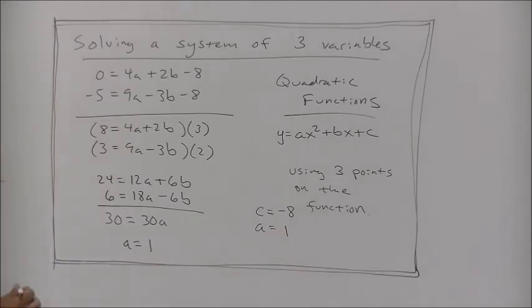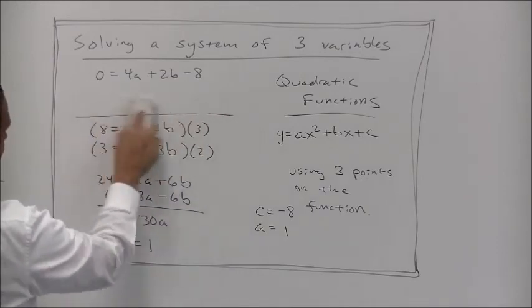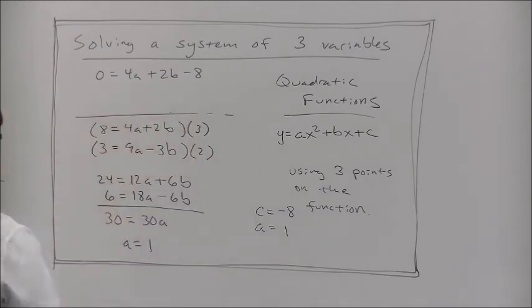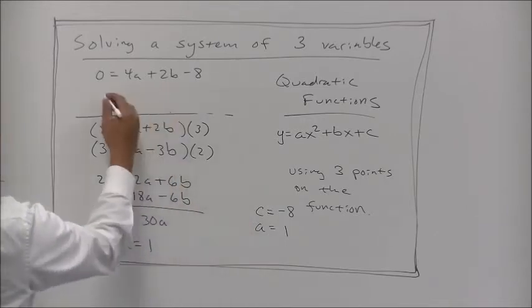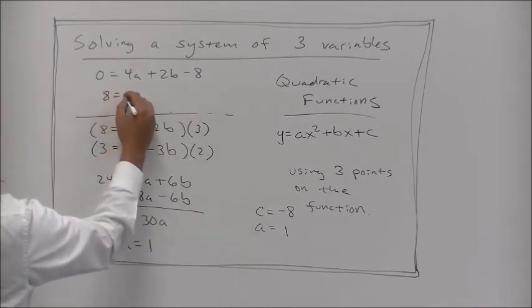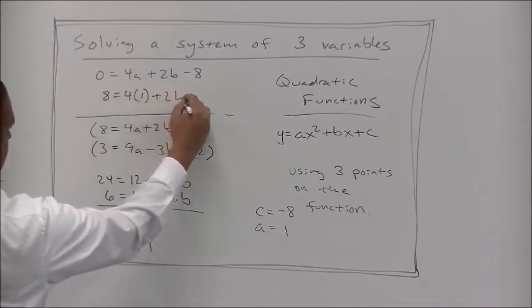How are we going to find our b? Plug them in, right? So I'll just use the first equation. We already know a is 1. We can find b. So we had 8 equals 4 times 1 plus 2b.